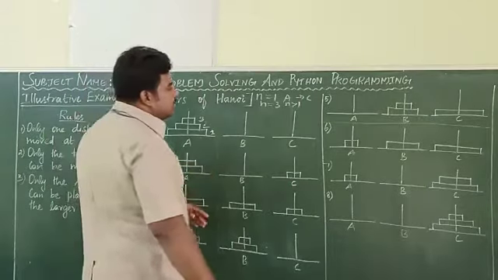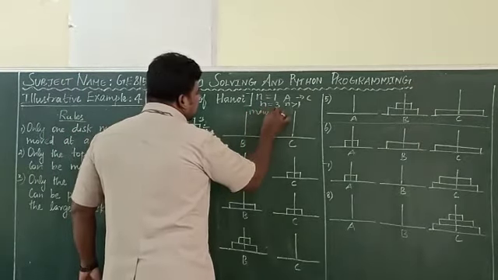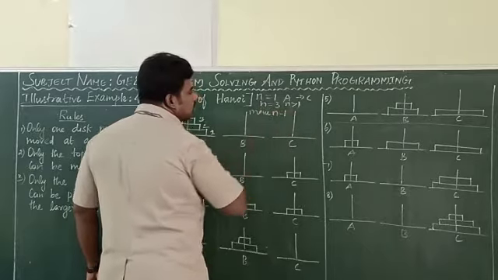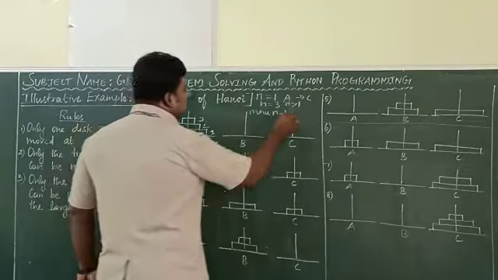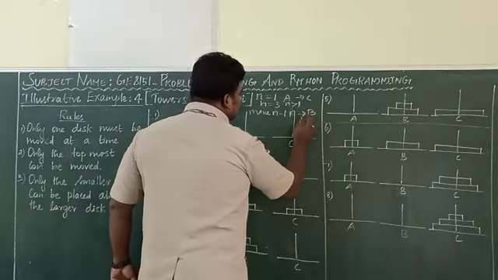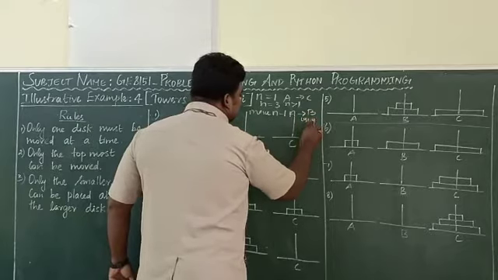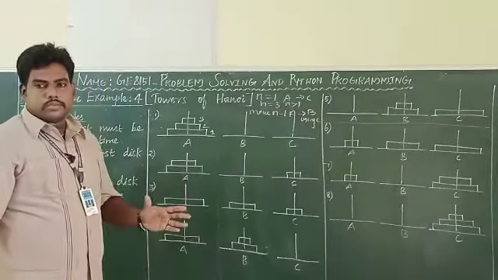Okay. If it is like this, first move n minus 1 from A to B using C. Okay.